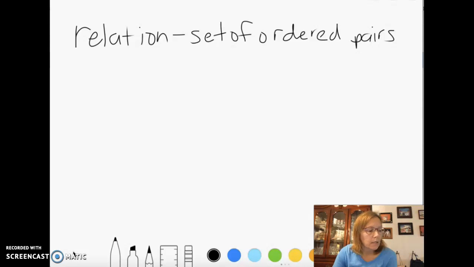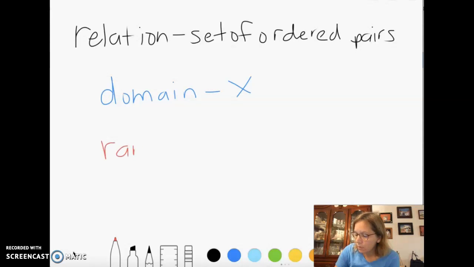The domain are all the x values, and the range is all the y values. So let me show you some examples, and then there's a couple ways that we can write these relations down. So make sure you take these notes.